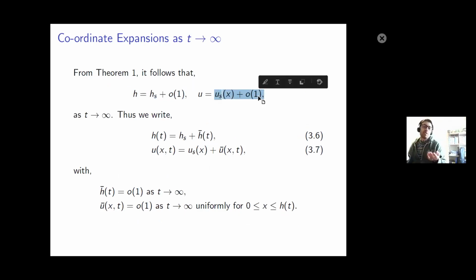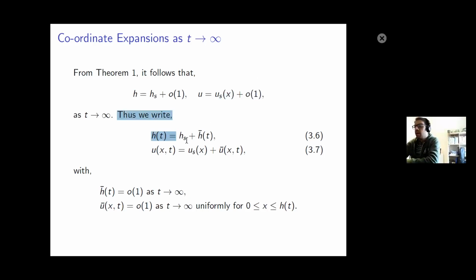Similarly, we suppose that u converges to its steady state plus some little o(1) thing. So, for large values of t, u is almost equal to its steady state plus this little o(1) term. And therefore, we approximate things this way.